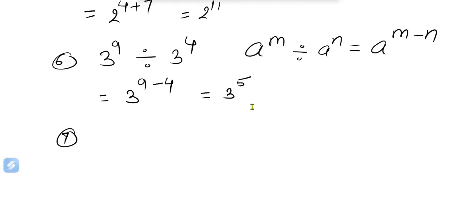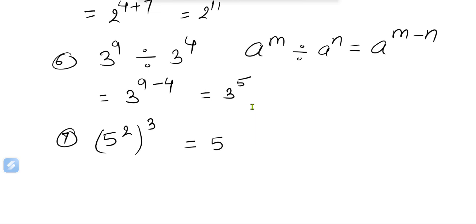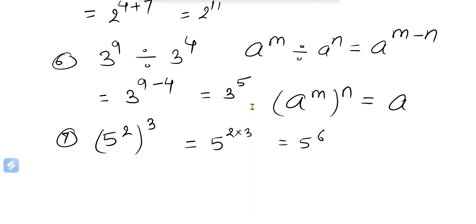So next example, if 5 square whole cube, then we write this is 5^(2 times 3), which is 5^6. Again, the law of exponent, (a^m) whole power n, then you multiply those two exponents.